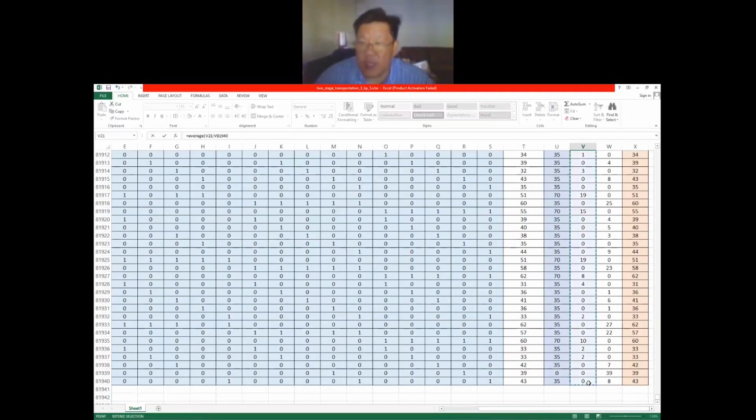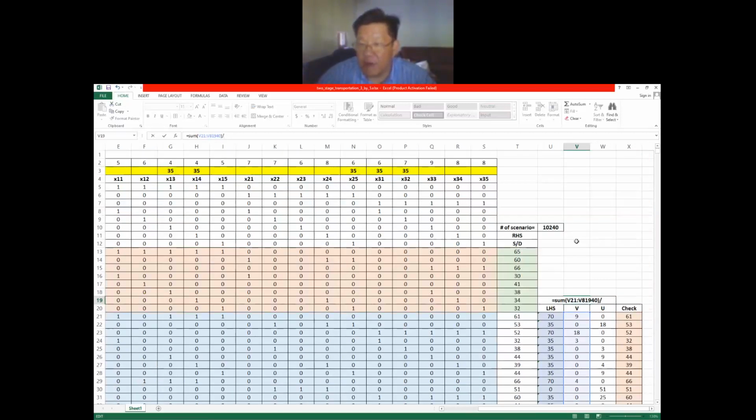So this is V, right? I'm not using the average; I have to use the sum first. The sum of all the V values here divided by the number of scenarios. So this one will be the average.